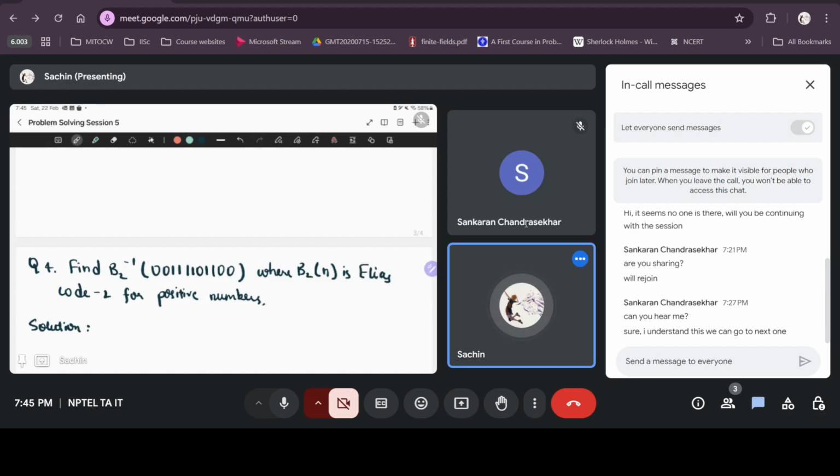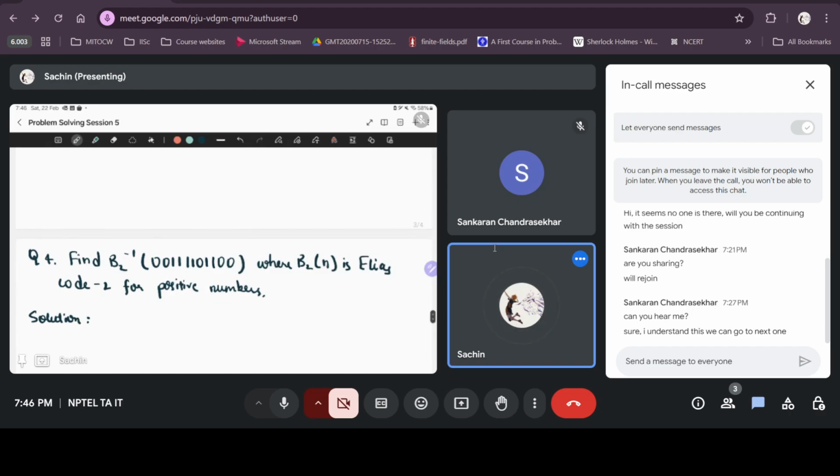So the number of zeros before the leading one is coded using the Elias 1 code, and then we remove the leading one in the binary number in Elias 2 code.